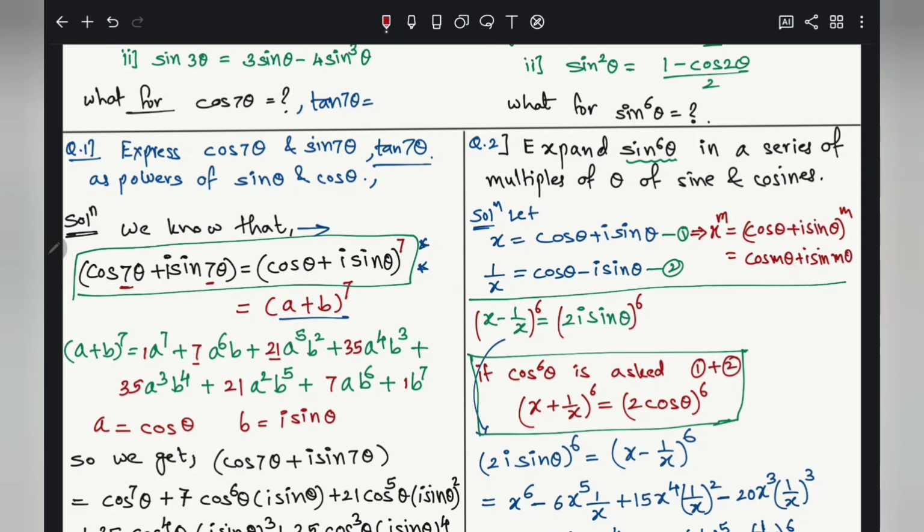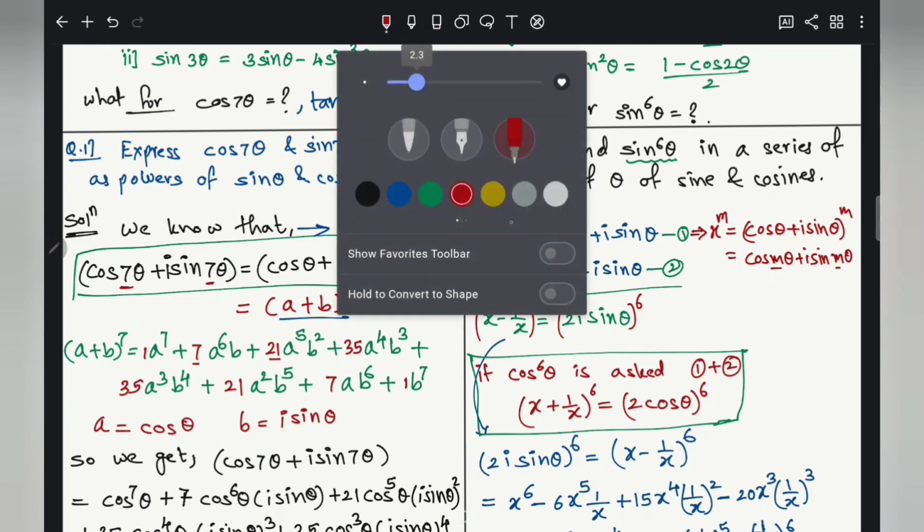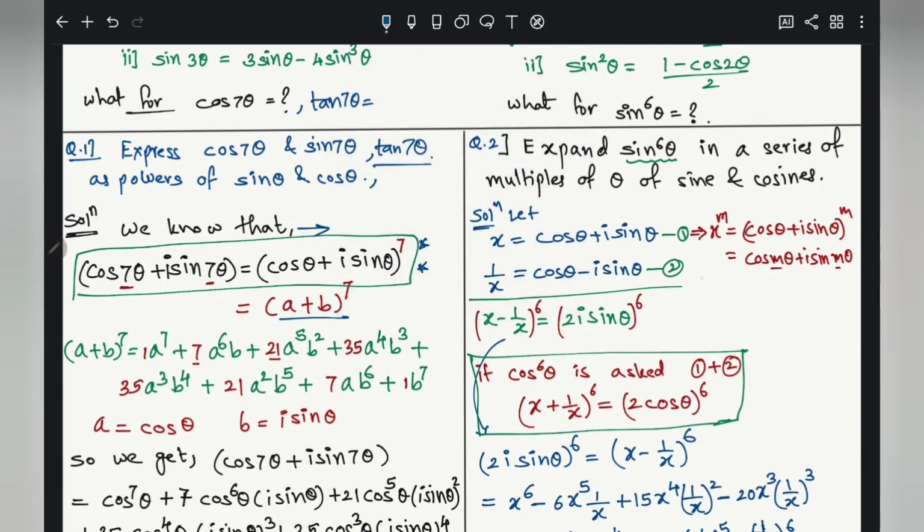This is our very important step. Similarly, this other equation will give us 1 upon x raised to m equal to cos m theta minus i sin m theta. Okay, so this is very important.